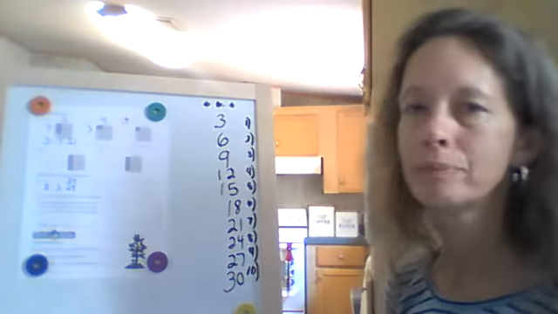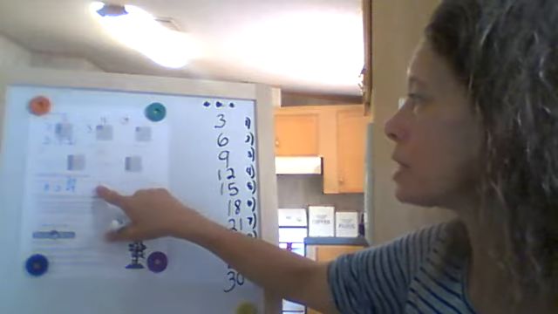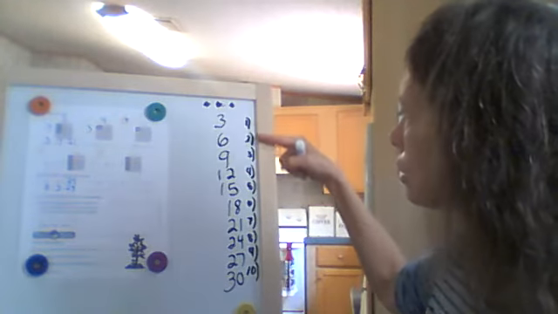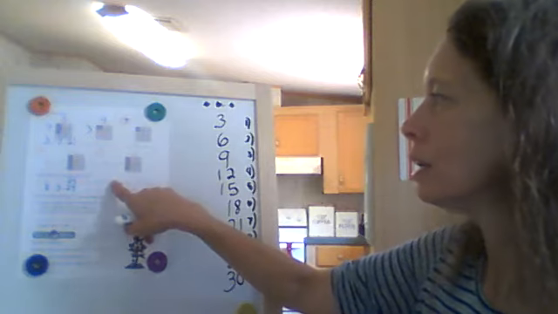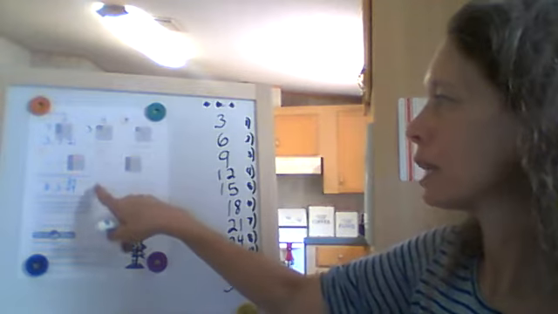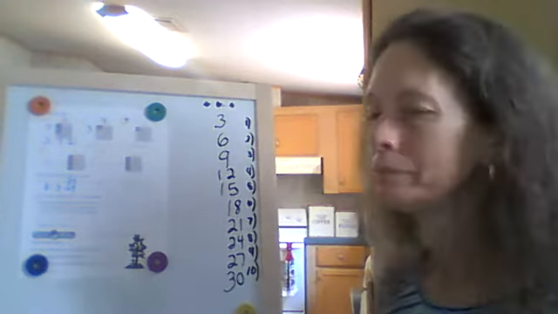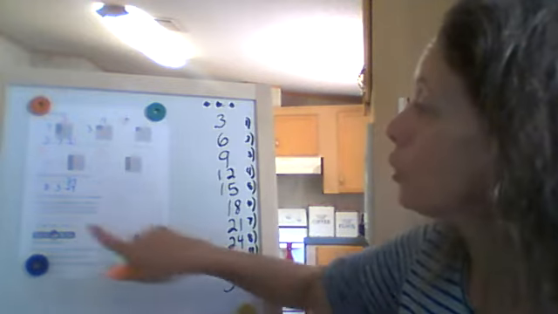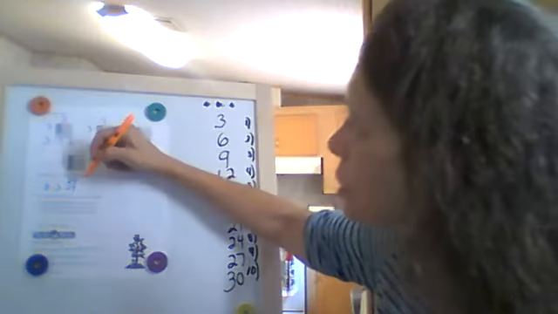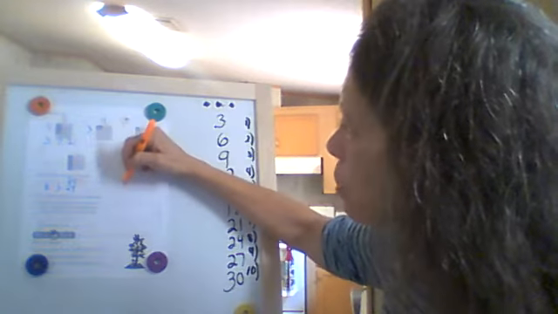24. Okay. This one is 3 times 6. What's my answer? 3 times 6, 18. 18 goes here. But also, 6 times 3 is 18. Now, you finish up this one and this one.